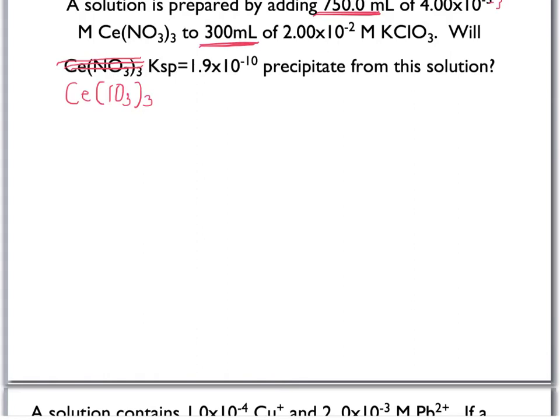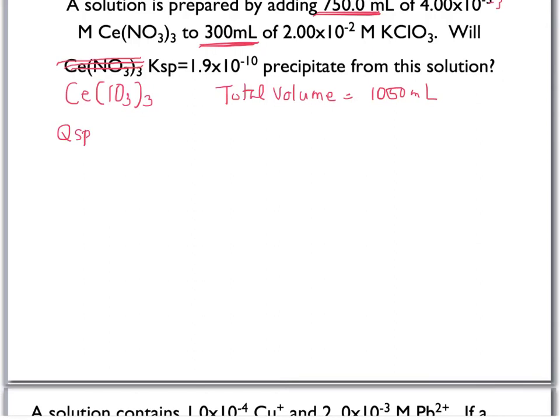So let's just write a couple things down. I'm going to need my total volume because we're mixing solutions. So total volume is going to equal 1,050 milliliters. I know I need to calculate QSP because I need to compare QSP with KSP to see if we will have a solid or precipitate that forms.